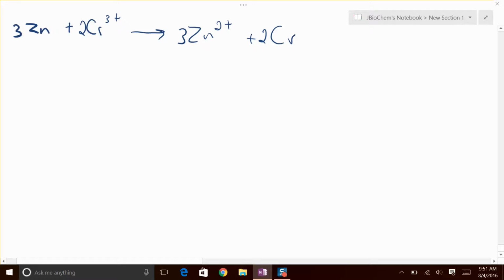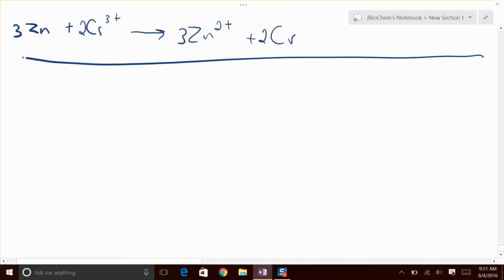So, basic concepts that we want to consider in chapter 10 are going to be things like intermolecular forces.